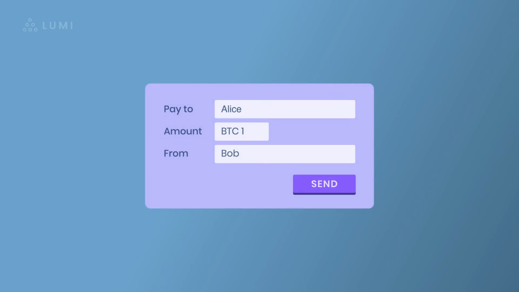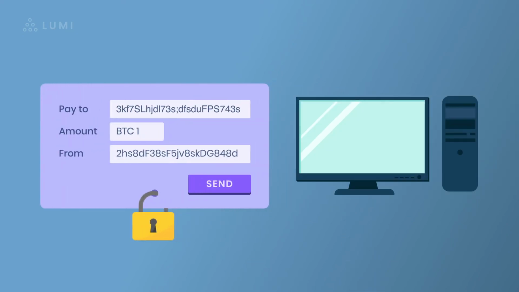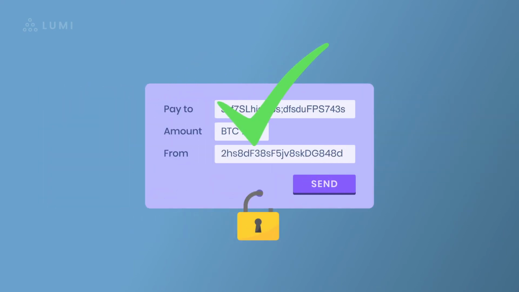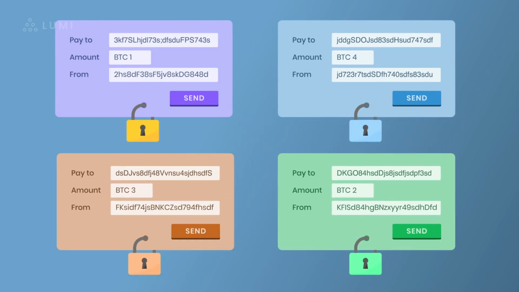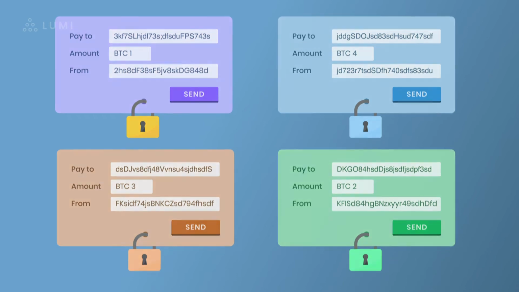So you formed a transaction and it was signed with your digital signature. After that, the Bitcoin nodes check whether this signature was made with your private key without actually seeing your private key. Each time you make a transaction, the signature will be different. The signature is not repeated. It is impossible to forge it since it is formed for each transaction individually and considers transaction amount, address, date, and other parameters.